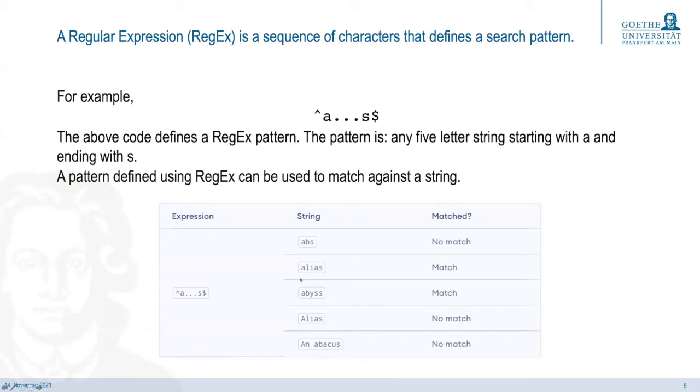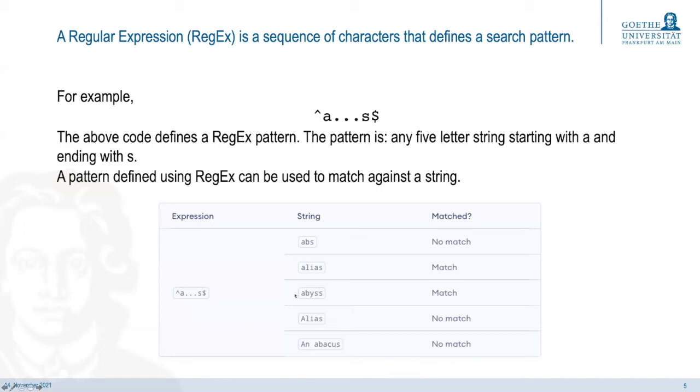The second example, the word alias, does yield a match because it complies with all the conditions in the regular expression. It begins with an A, it ends with an S, and it is 5 characters long.